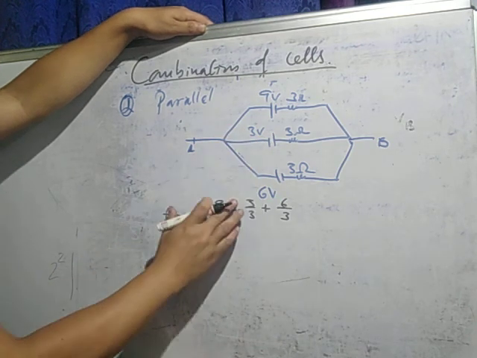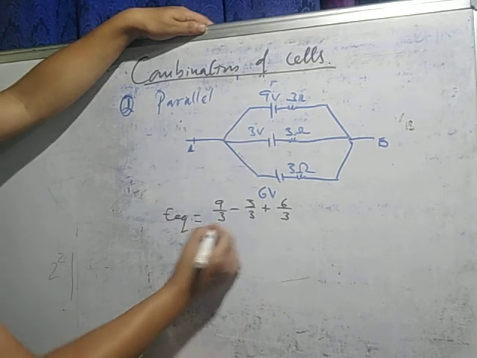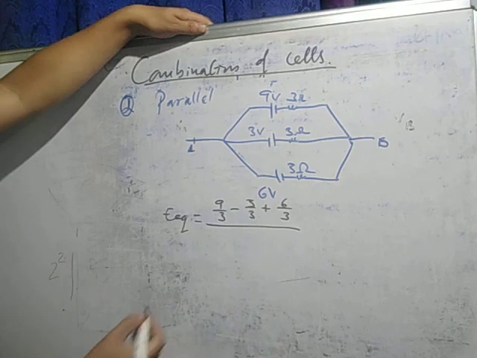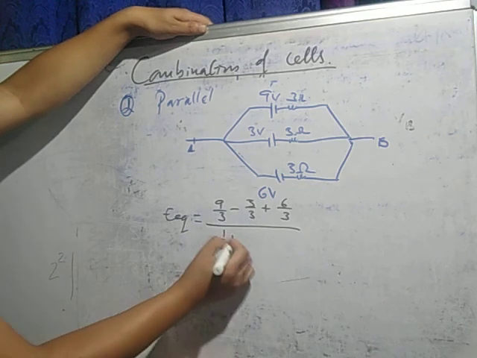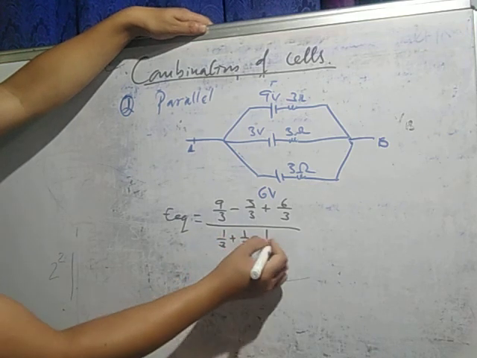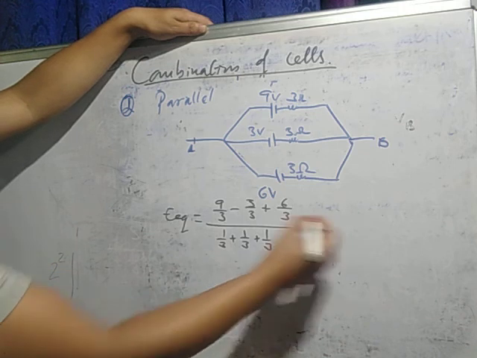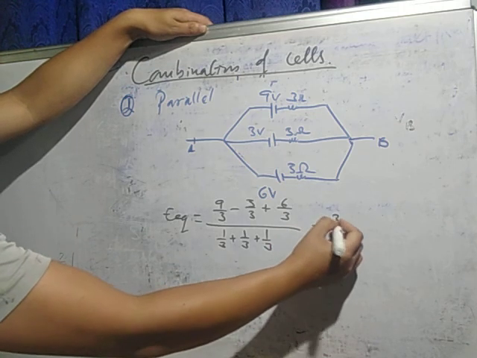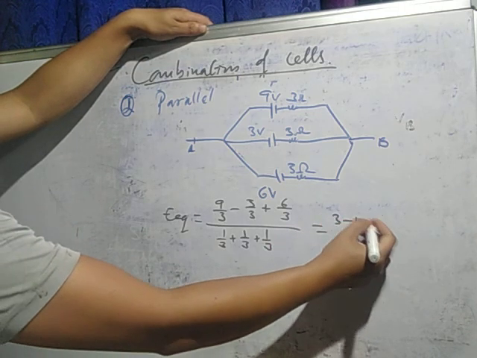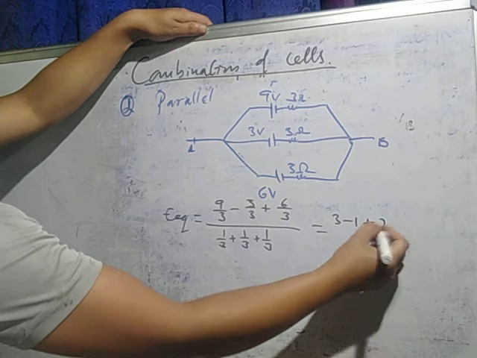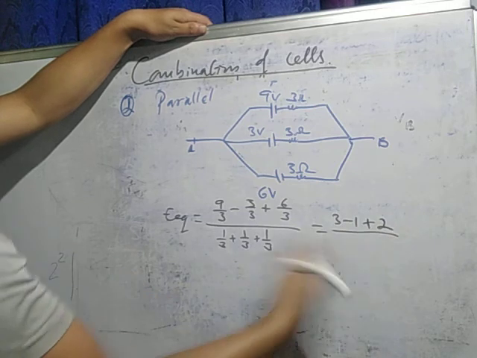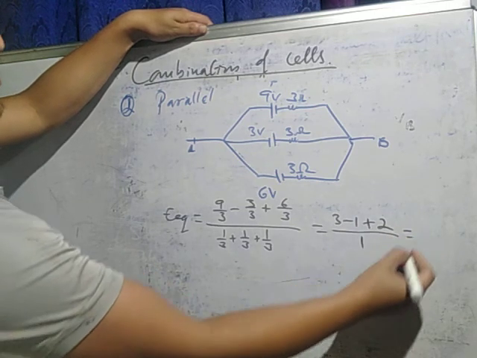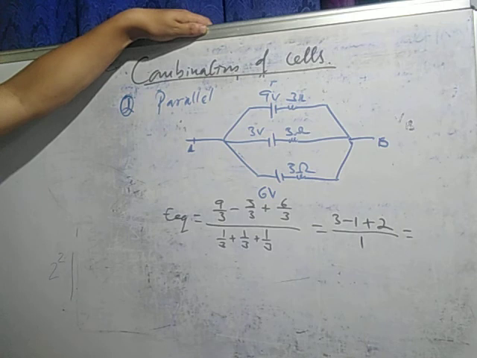So you have to minus it, and resistance remains the same. So 1 by 3 plus 1 by 3 plus 1 by 3. So this is 3 minus 1 plus 2 divided by 1. So this equals 5 minus 1, 4 volt.